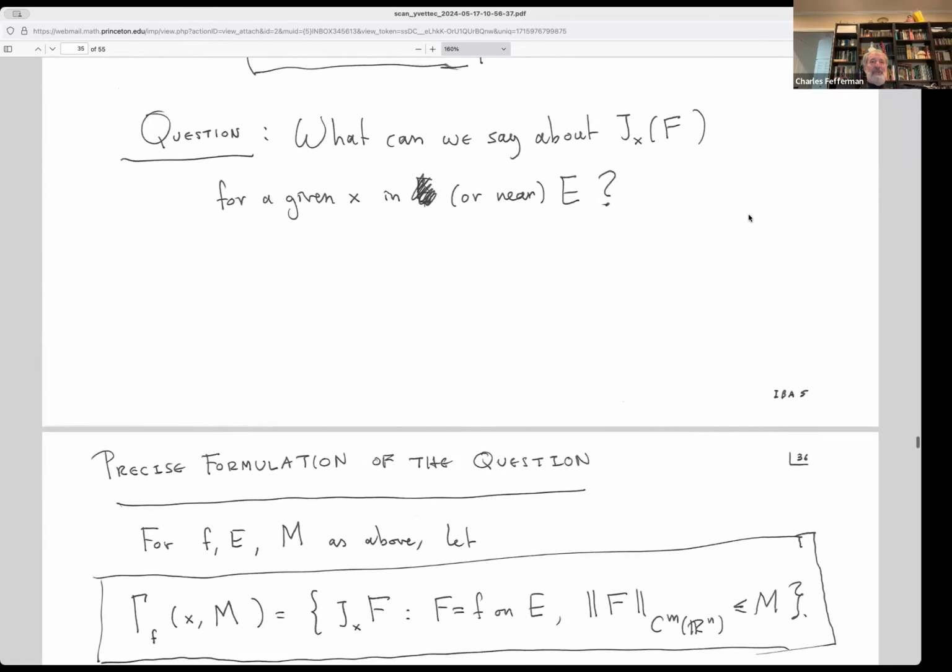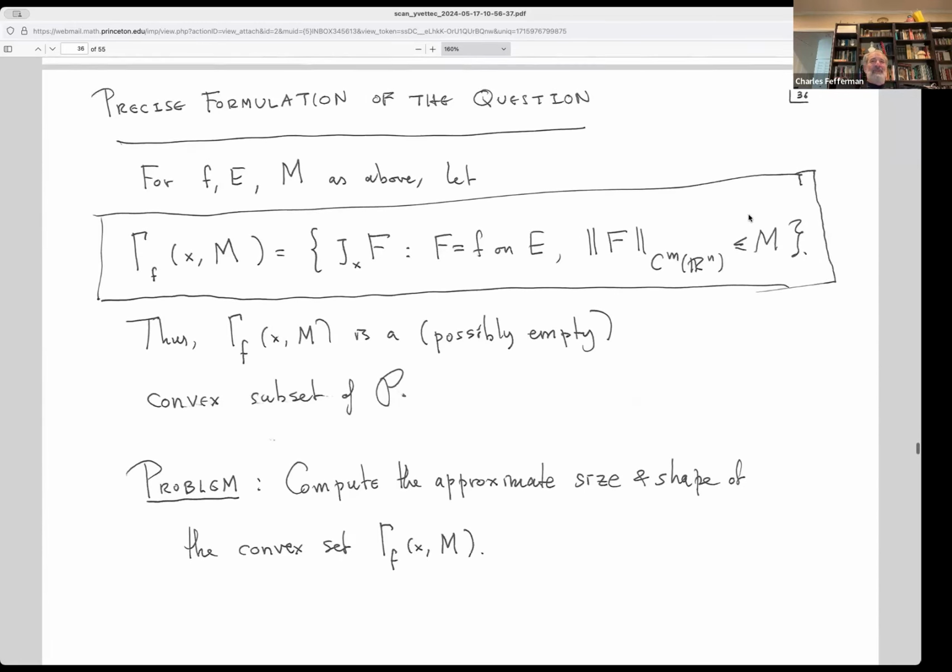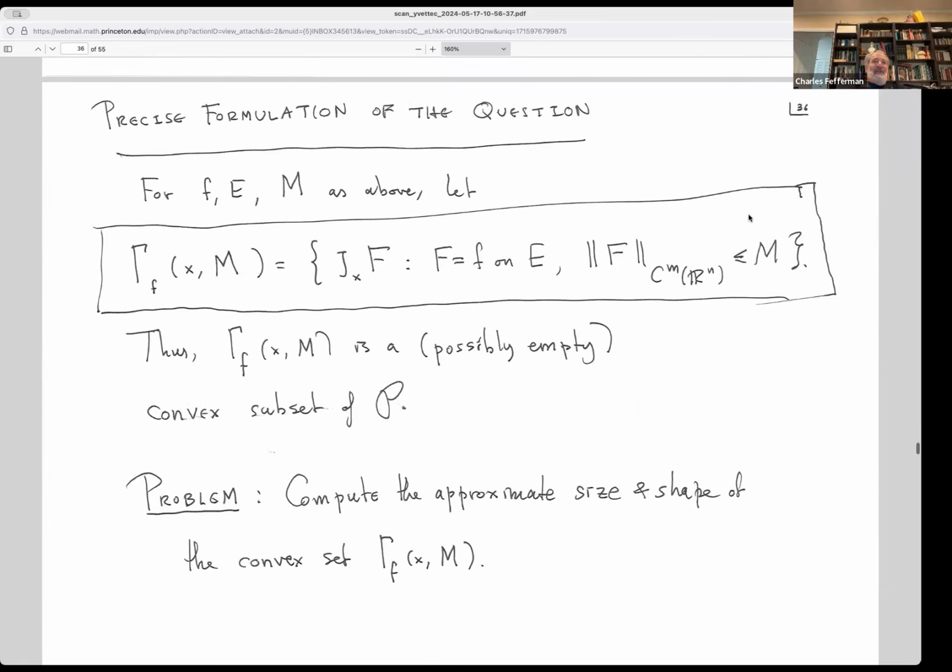In order to formulate the question more precisely, I'm going to define this set gamma. Given an interpolation problem, little f and capital E, as usual, and given a positive number capital M, I'm going to let gamma sub f of x, M, or maybe just gamma of x, M, be the set of all jets, or all Taylor polynomials at x, at the given point, of functions capital F that agree with the data and have C^m norm less than or equal to M. So that sits inside script P. It's a set of mth degree polynomials.